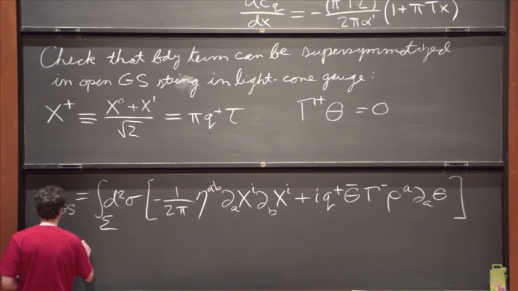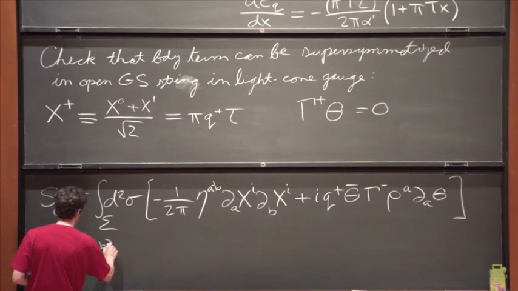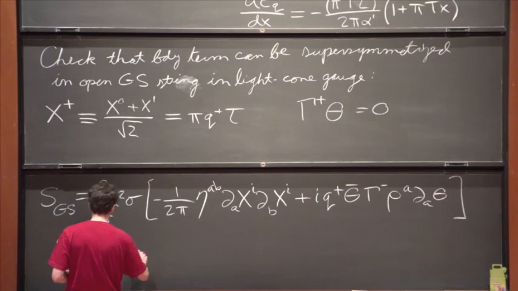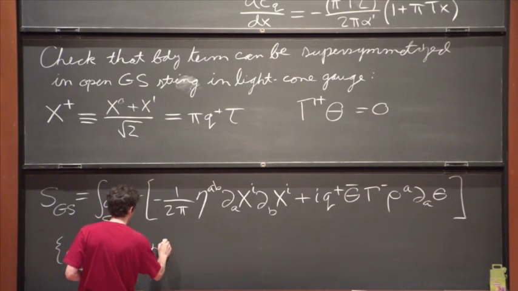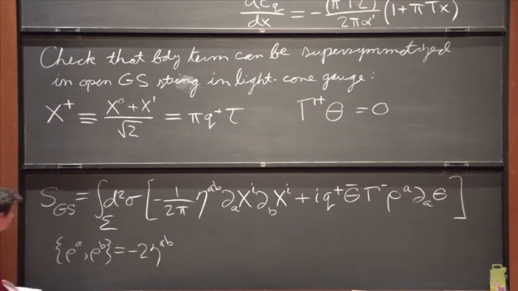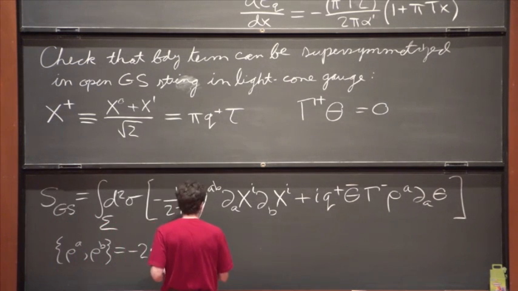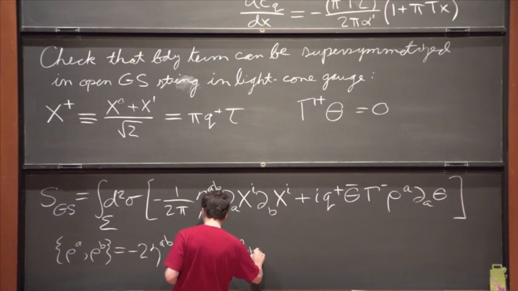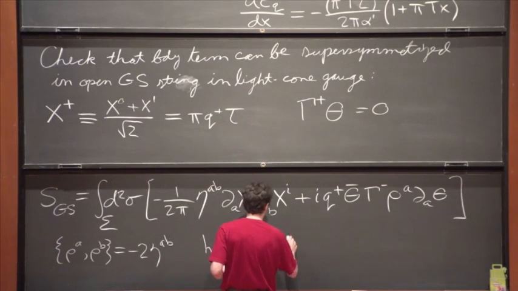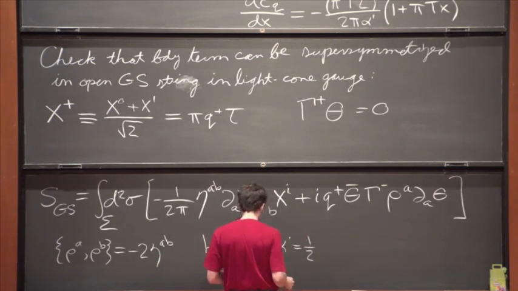First of all, rho A and rho B are 2 by 2 Dirac gamma matrices on the worldsheet. We've evidently specialized to h_AB equals eta_AB. We set alpha prime equals a half.